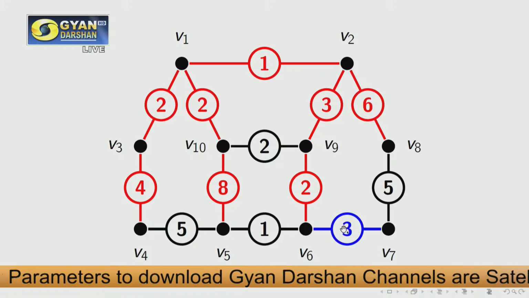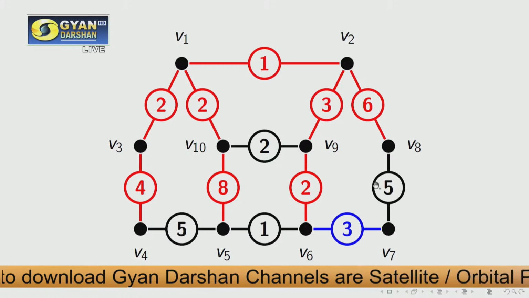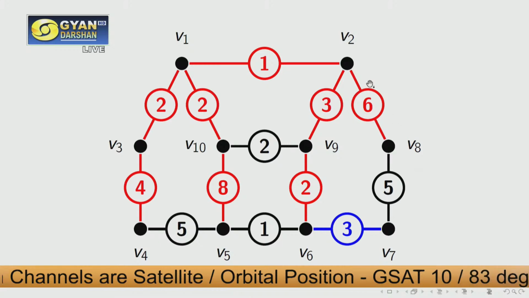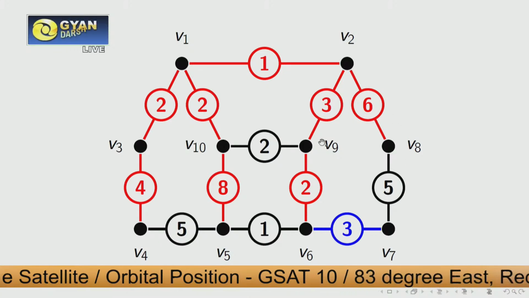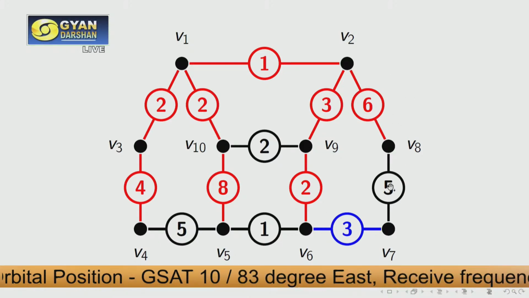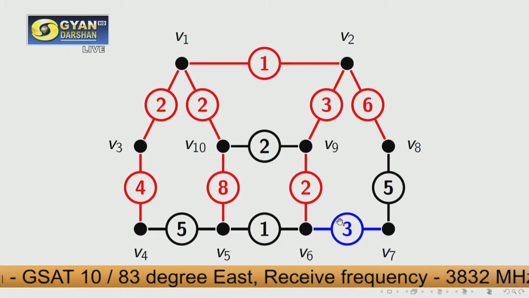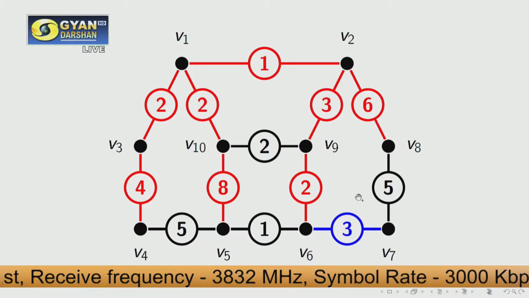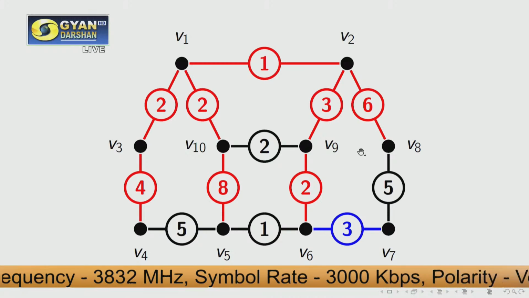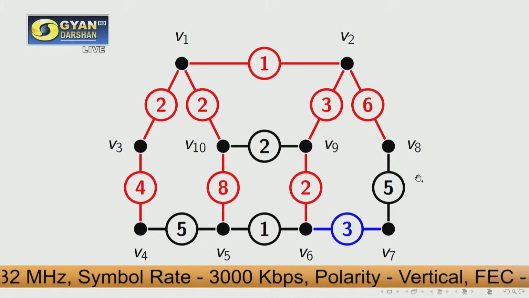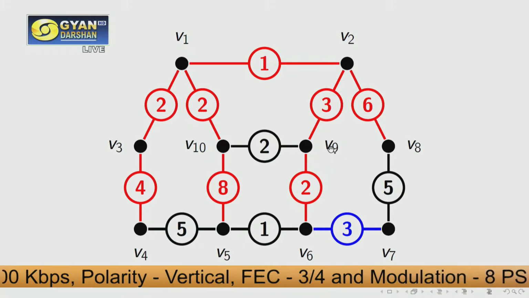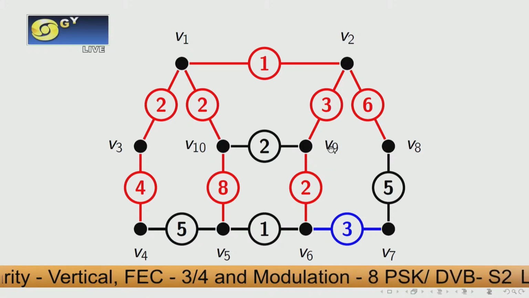So the number of edges remains the same, and no cycle is created, right? These two edges lie in a cycle, but since we have deleted V7 V8 when we added the other, there is no cycle created. So the resulting graph is still a spanning tree, and it also has weight smaller than the previous one, right? So this is a spanning tree with a smaller weight.